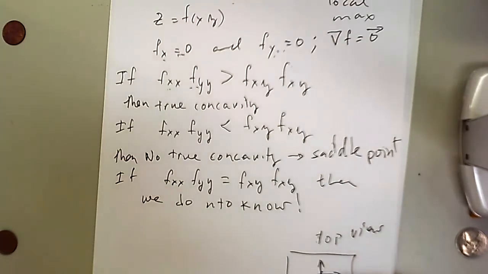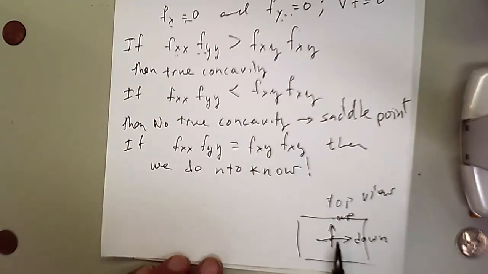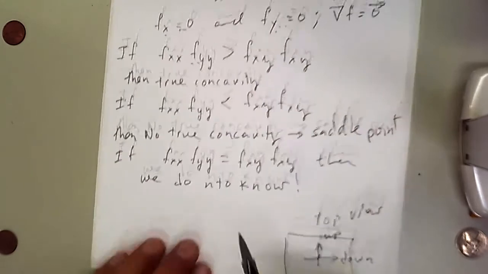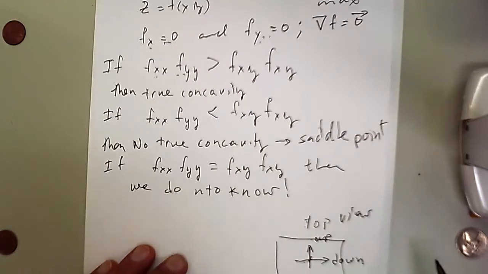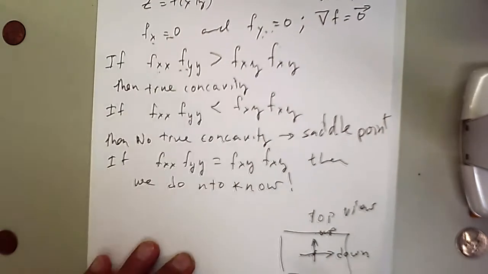If on one path you go down, and on the other path you go up, then you know we don't have a maximum or a minimum. But then we encounter the same problem as with limits. If you go in different paths and all of the paths go down, then we cannot establish that we have a maximum. We just don't know, because there could be some path that goes differently.